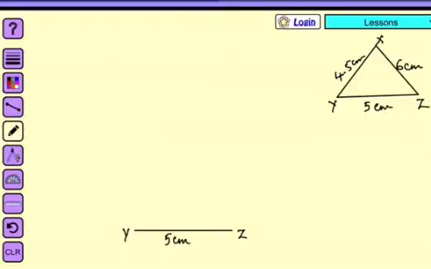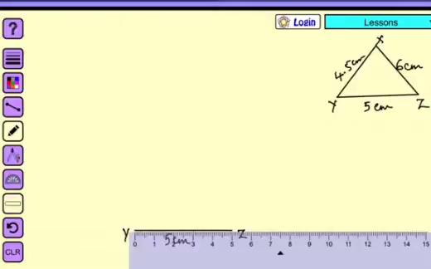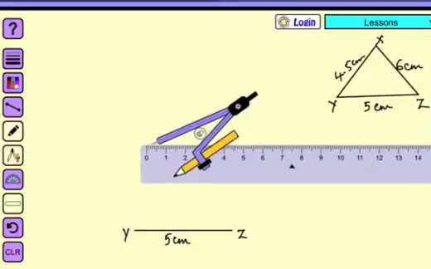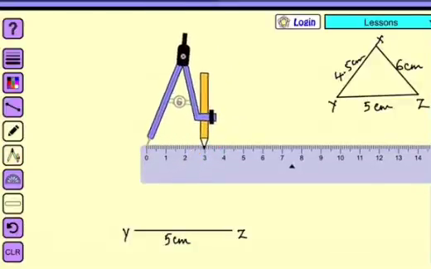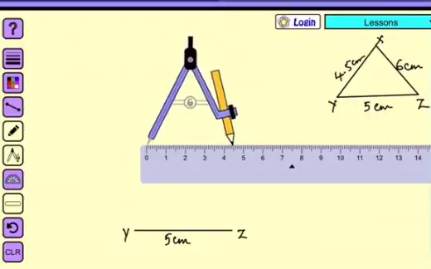Then, with Y as center, draw an arc of radius 4.5 centimeters. Children, if you observe in the rough diagram, XY is equal to 4.5, correct? So, 4.5 centimeters, we'll have to draw an arc keeping Y as center. First, we will take the measurement of 4.5. We'll just keep it here and try to adjust.